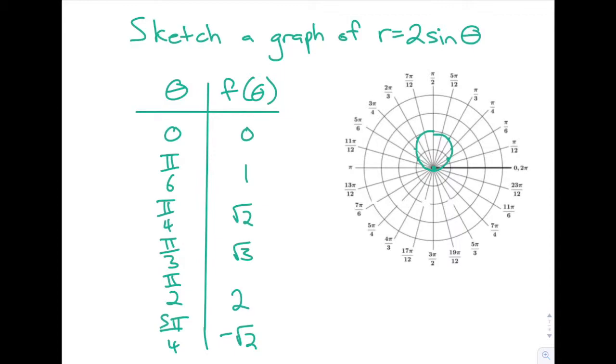Now, if we trace all the way around to 5 pi over 4, and then go negative root 2, look where we end up. We just end up back on the circle. So it actually traces over itself twice in the domain 0 to 2 pi, which should feel a lot like sine, right? Sine kind of takes on the same values twice in the domain 0 to 2 pi. So if we were to graph just r equals sine theta, that would just be a circle too.